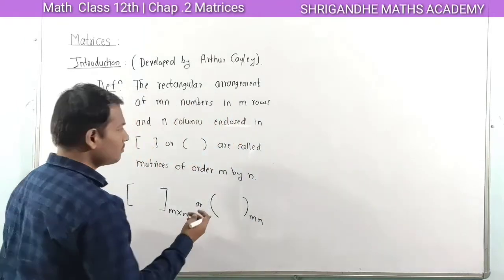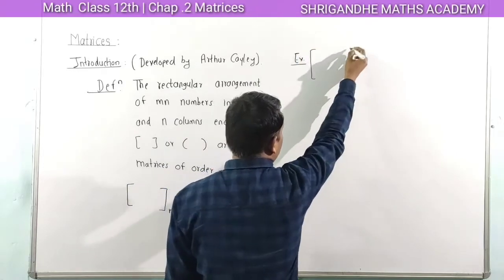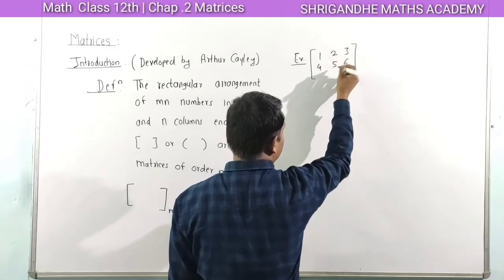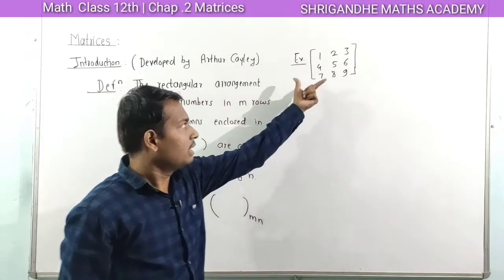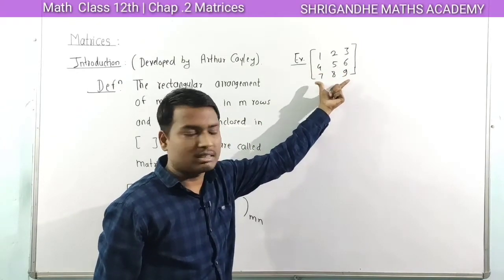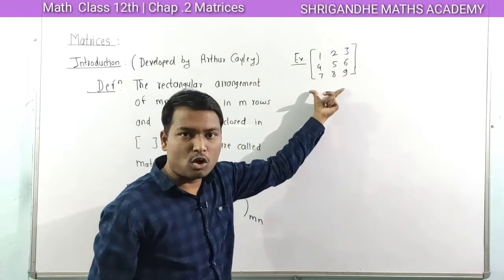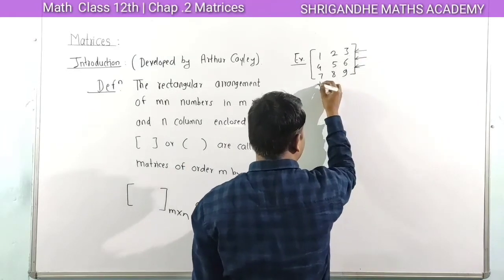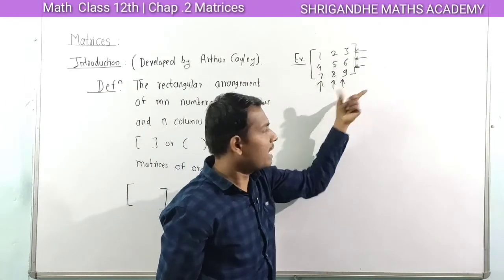Let's see. Suppose we take one matrix: 1, 2, 3, 4, 5, 6, 7, 8, 9. While observing this matrix, we can easily say that there are 3 rows and 3 columns.